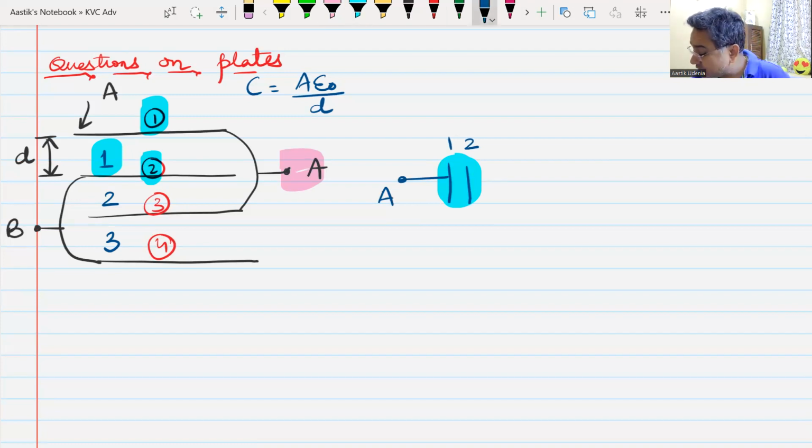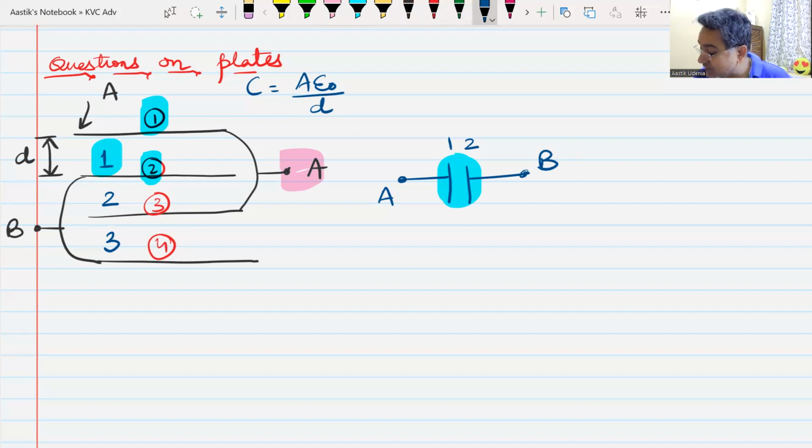Now plate number 2 is connected to point B also, so I have connected it to point B. I have made the first capacitor and connected it correctly across the 2 terminals. Do we understand this?